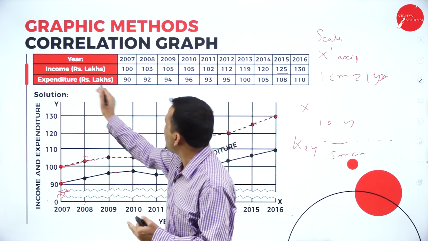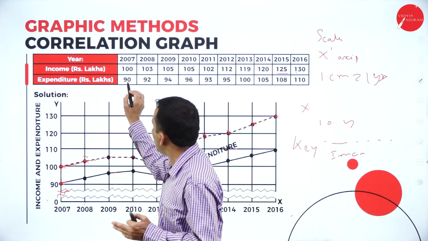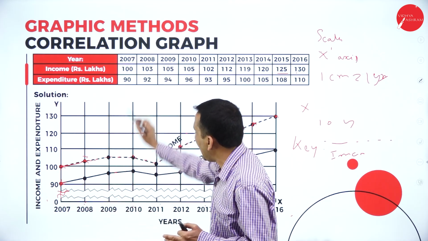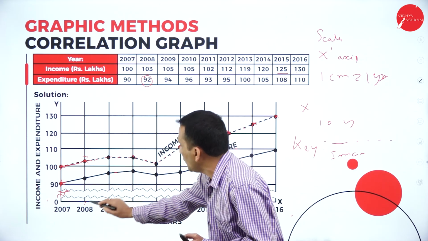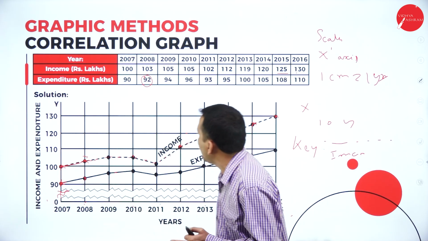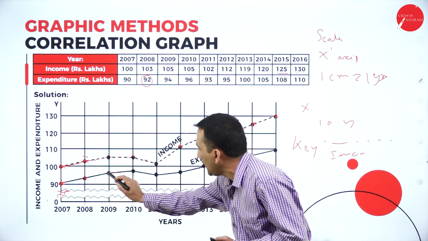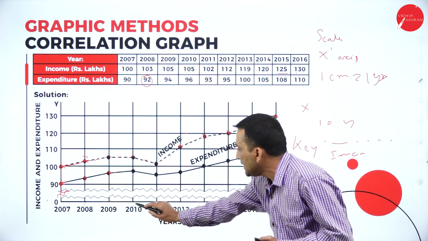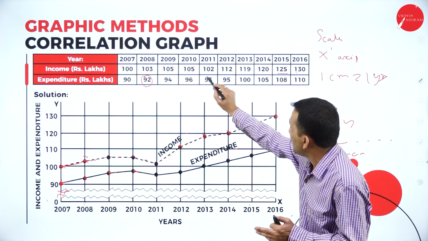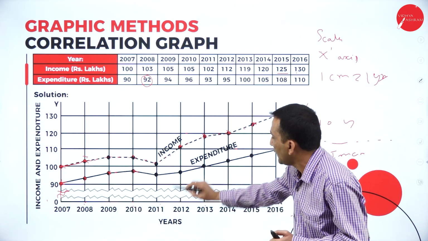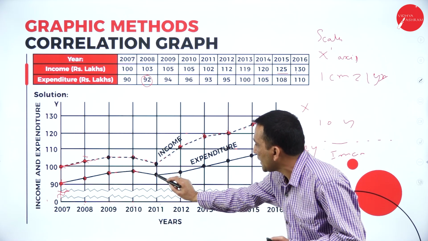Now moving to expenditure. In 2007 the expenditure is 90, so I mark it here. In 2008 the expenditure is 92, exactly here. In 2009 it is 94, in 2010 it is 96, in 2011 it is 93, exactly here.